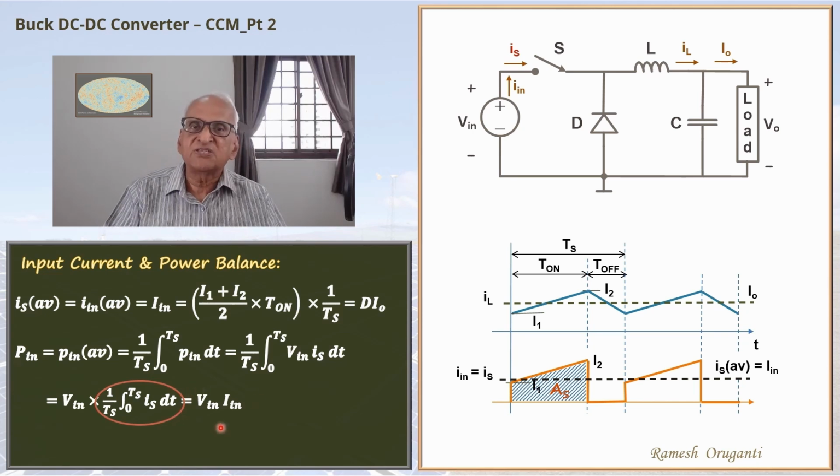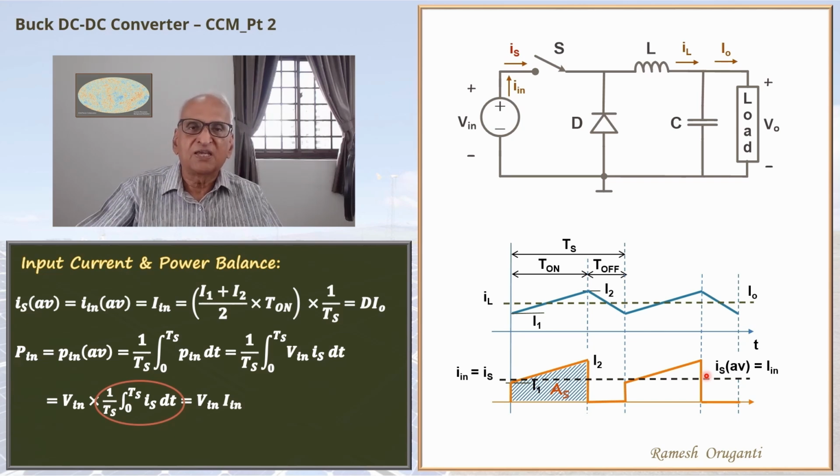V_in is the applied DC voltage, I_in is the average input current. So that's kind of obvious, but what we are showing is that even though i_in has all this AC part, it is only the average part that matters for average power. As long as the input voltage is constant DC, this is valid.